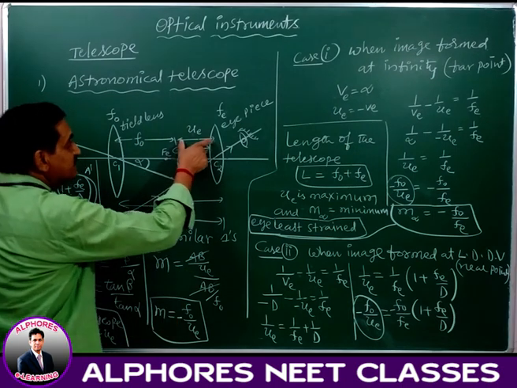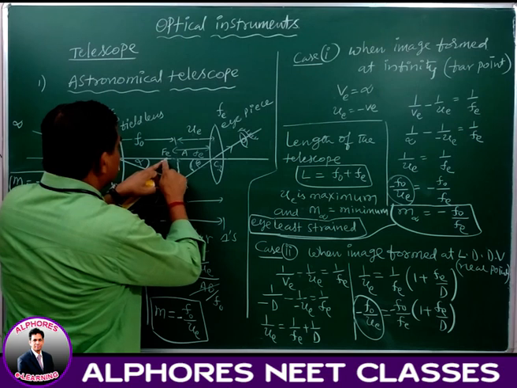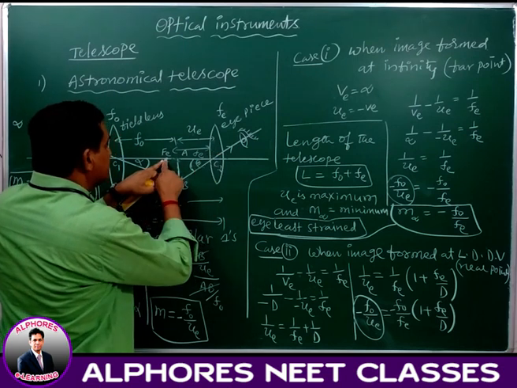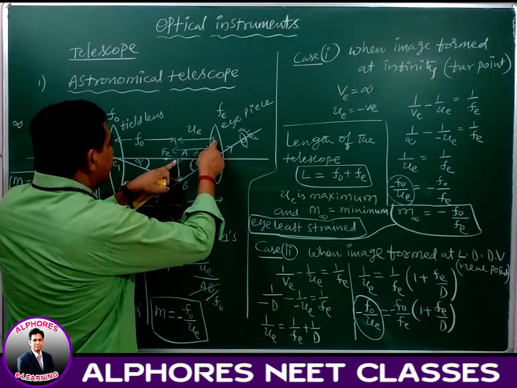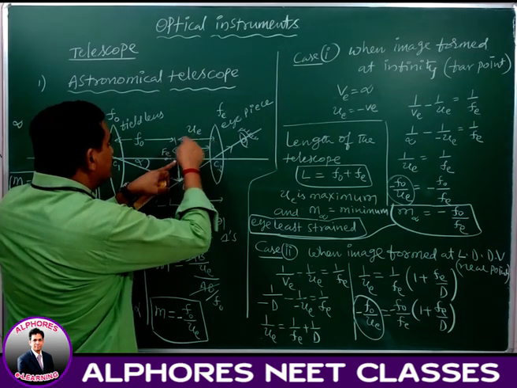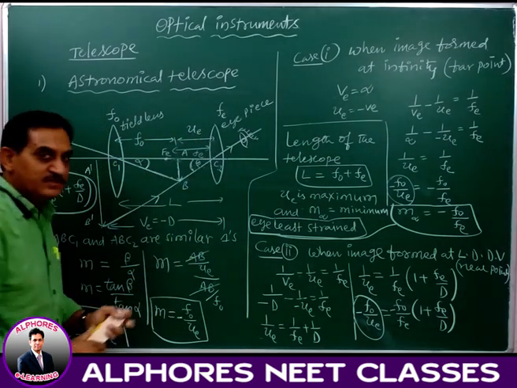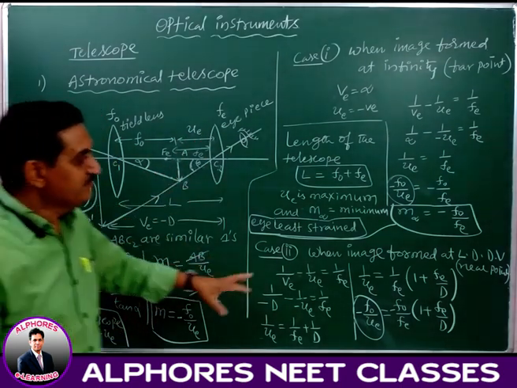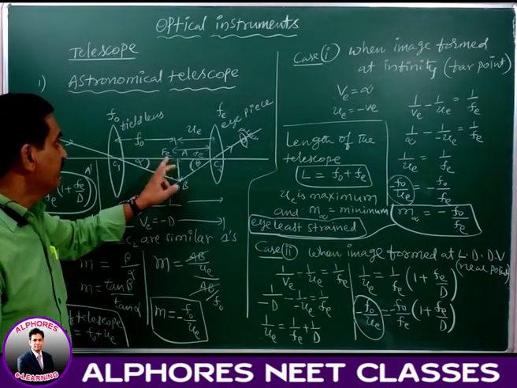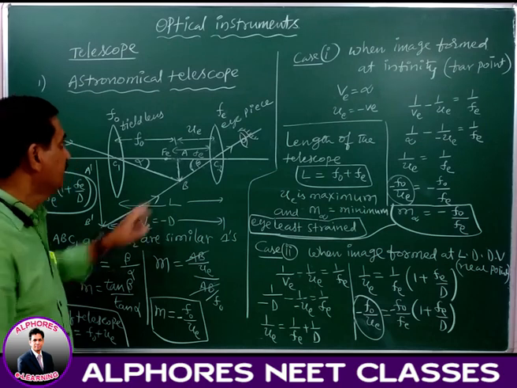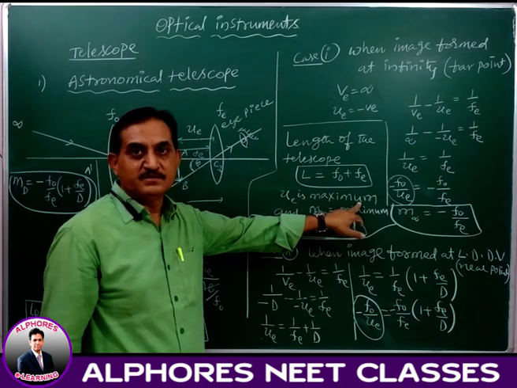Why is the object distance minimum? When this lens is moved away, the focus point of the eyepiece coincides with the object. Then when we compare FE and UE, FE will be greater and UE will be smaller. Therefore, whenever the image is formed at LDDV, definitely UE will be minimum. When the image is formed at infinity, definitely UE will be maximum.